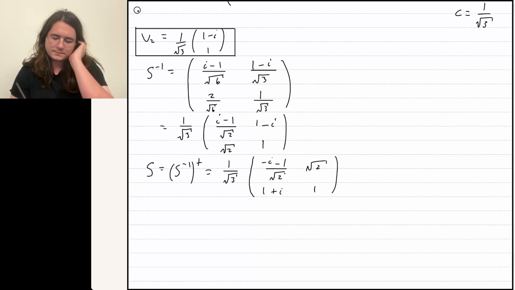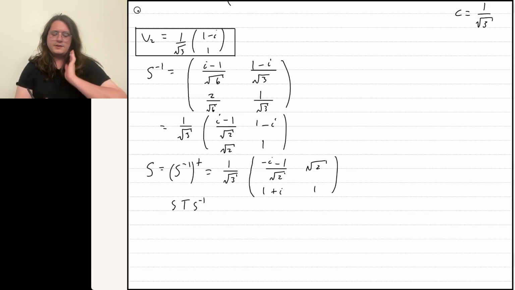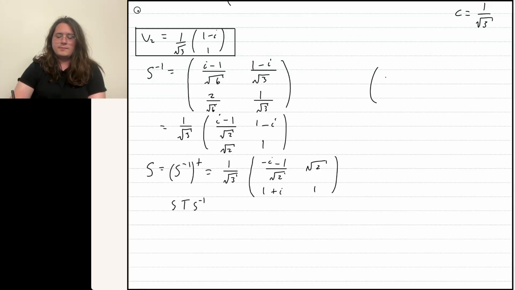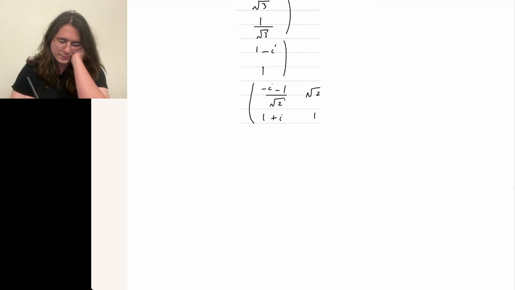Cool. So now we can set up that T will be equal to S T S inverse, or actually the diagonal version of T. So I won't even write anything on the left-hand side. S T S inverse should give the matrix (minus 1, 0; 0, 2), the way that we've set it up. Okay, but we actually have to prove that.